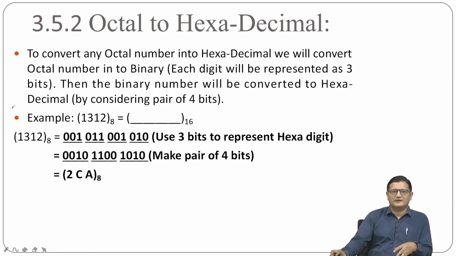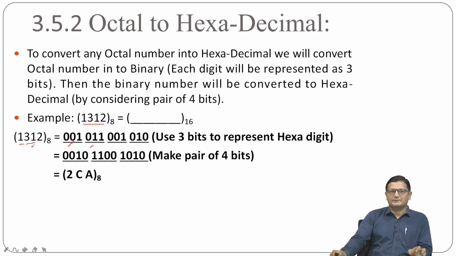Let us suppose this 1312 octal number is given, right. So, what we will do is, we know that to represent any octal digit, we need 3 bits, right. So, I will just write the binary of this 1 in a 3 bit pair, right. I will write the binary of this 3 again in a 3 bit pair.